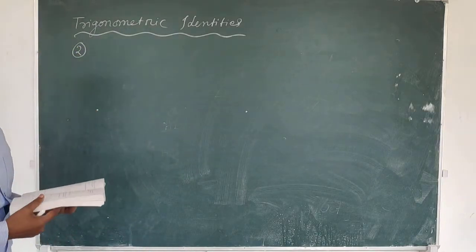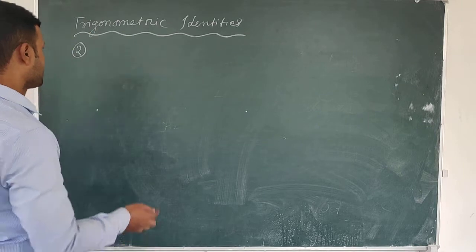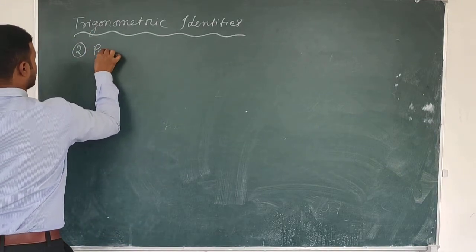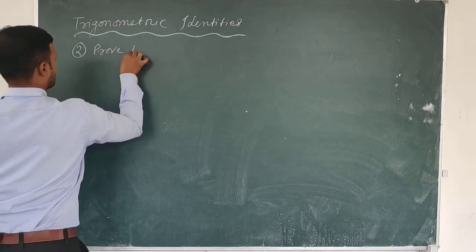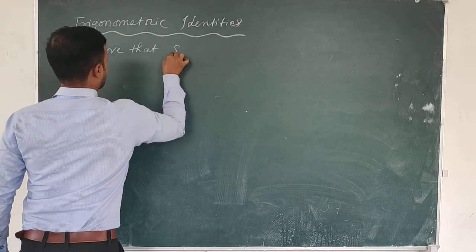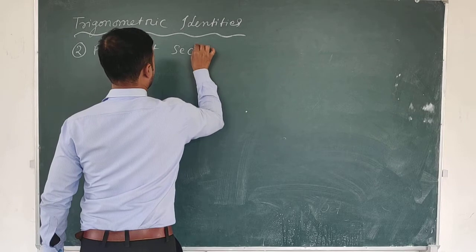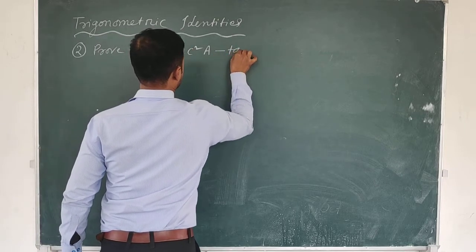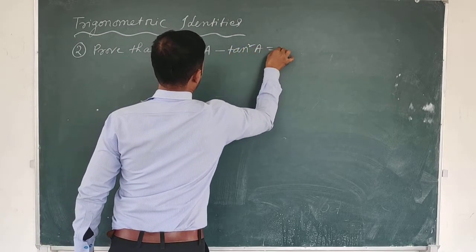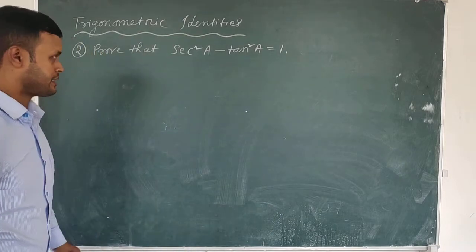We will take it as a proof like the last one. Prove that sec square A minus tan square A is equal to 1. Okay. Let us see, students.